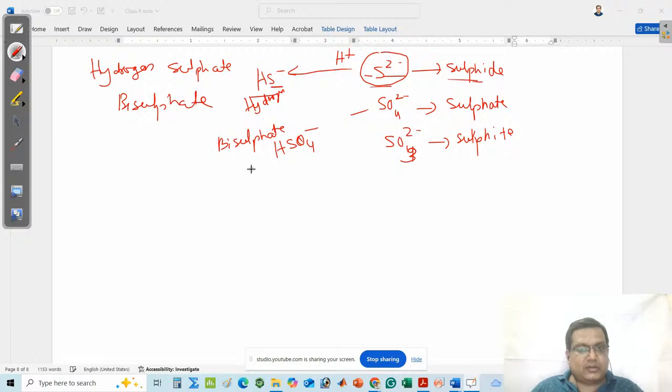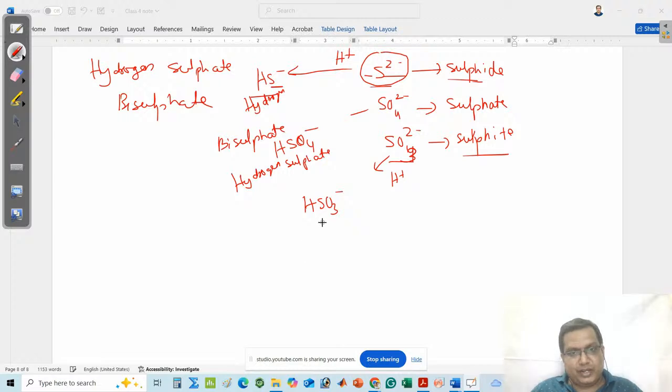That is, you can also say hydrogen sulfate, bisulfate, or you can simply say hydrogen sulfate. Similarly, think about this example. Suppose I want to add H plus, then what will be the other radical? HSO3 minus. This is sulfite. This is said to be hydrogen sulfite or bisulfite. Take another example.